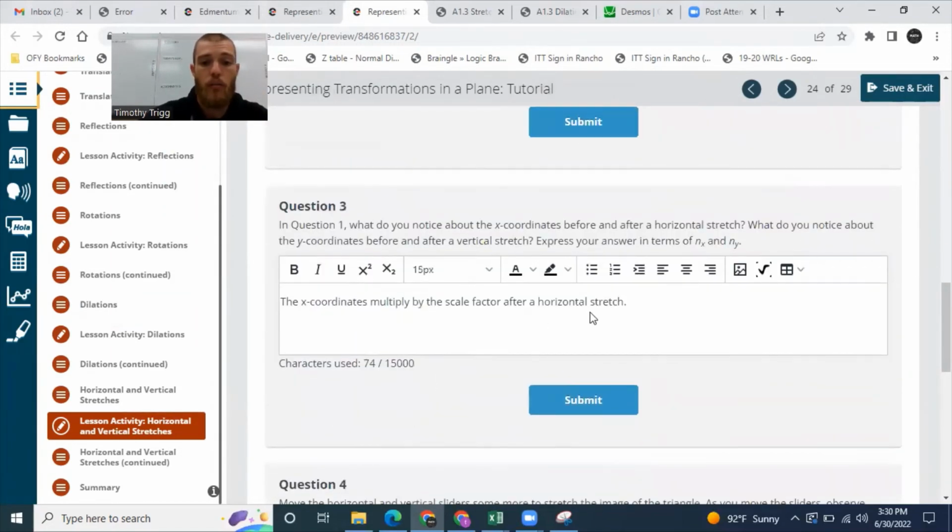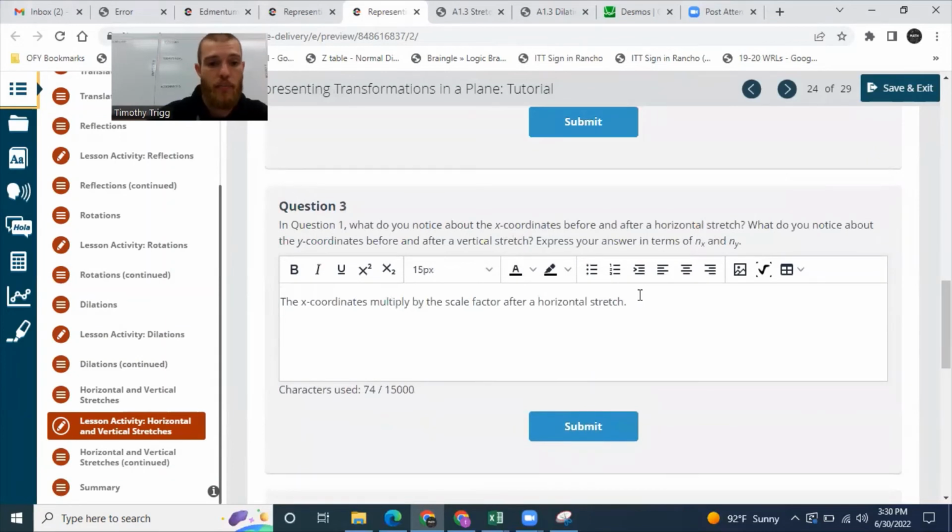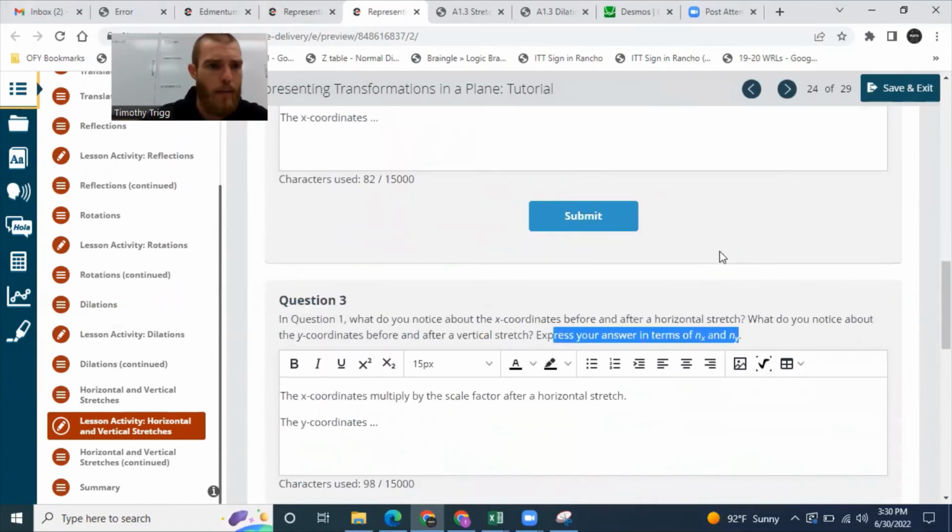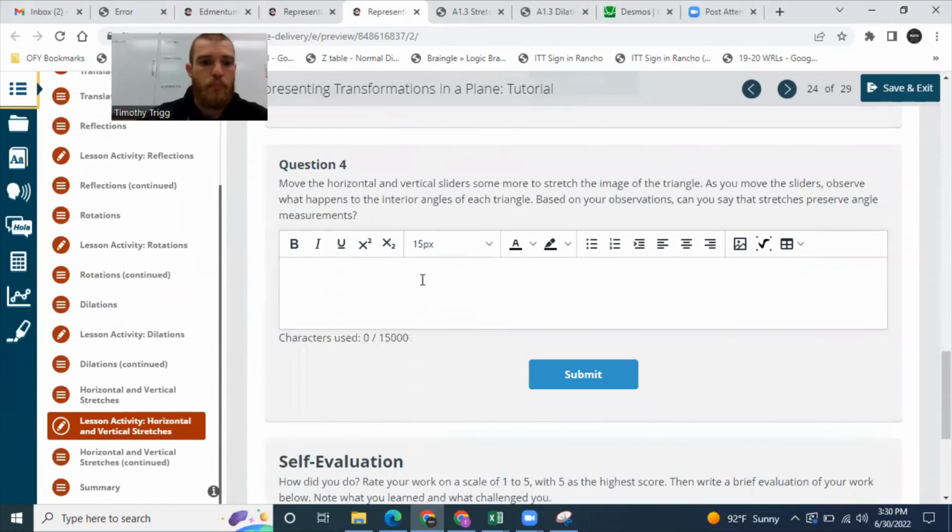Similarly for the y coordinates, see if you can finish the rest. Here it says express your answer in terms of n sub x and n sub y. You don't have to do that.